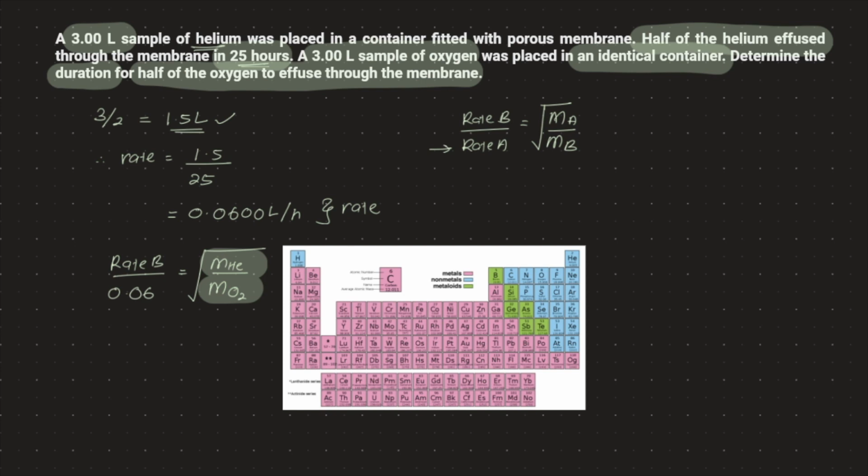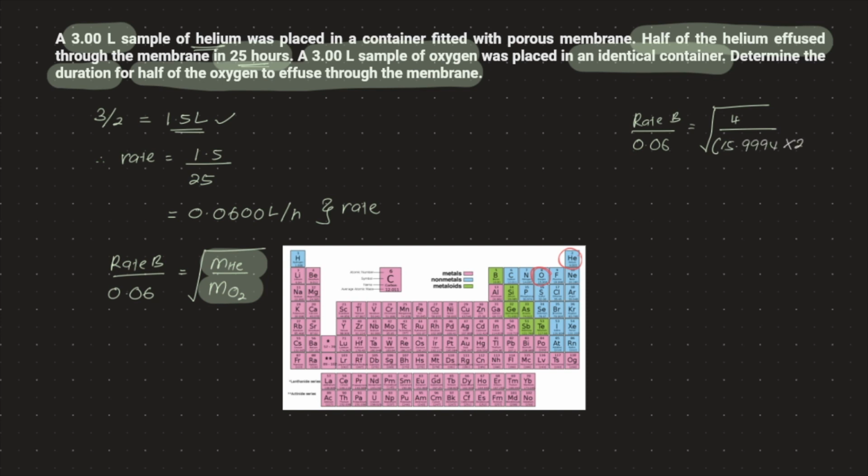From the periodic table, we look at helium and also oxygen, so that we can get the RMM for these two elements. From here, we get rate B divided by 0.06 is equivalent to the square root of the molecular weight of helium, which is 4, divided by the molecular weight of oxygen, which is 15.9994.